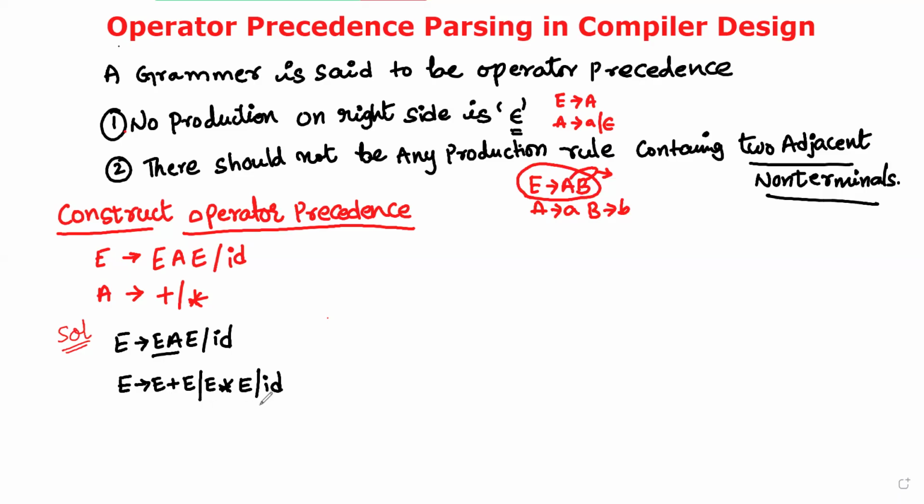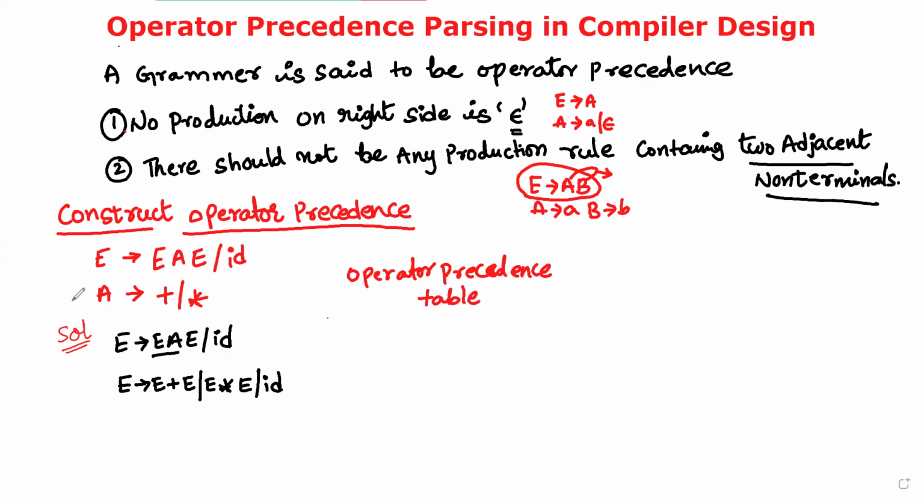Now it should not have even epsilon also. Now we are going to construct the parsing table, which is called the operator precedence table. First we are going to construct the operator precedence table.